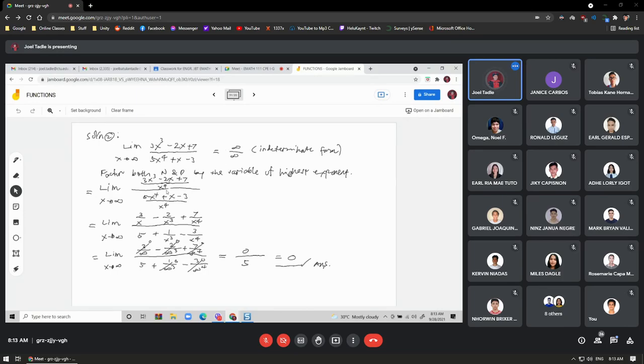So ang atong highest exponent there is this one, no? 4. So ang atong i-divisor is x to the power 4, variable of highest exponent. So we have here limit of 3x cubed minus 2x plus 7 over x to the power 4 all over 5x to the power 4 plus x minus 3 over x to the power 4 as x approaches infinity.